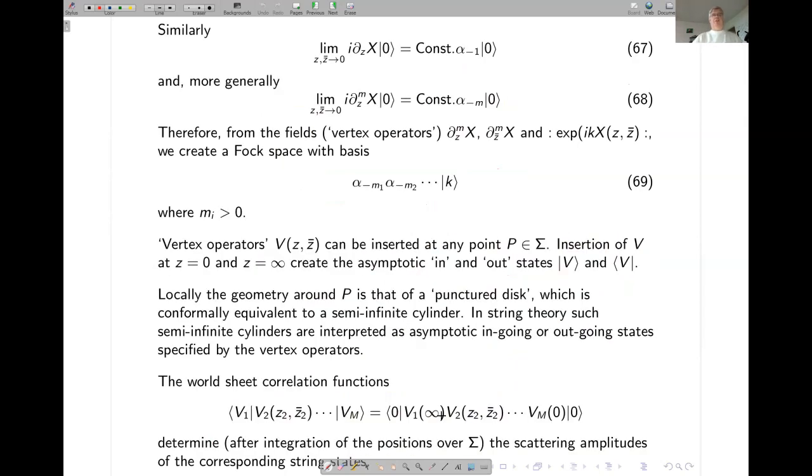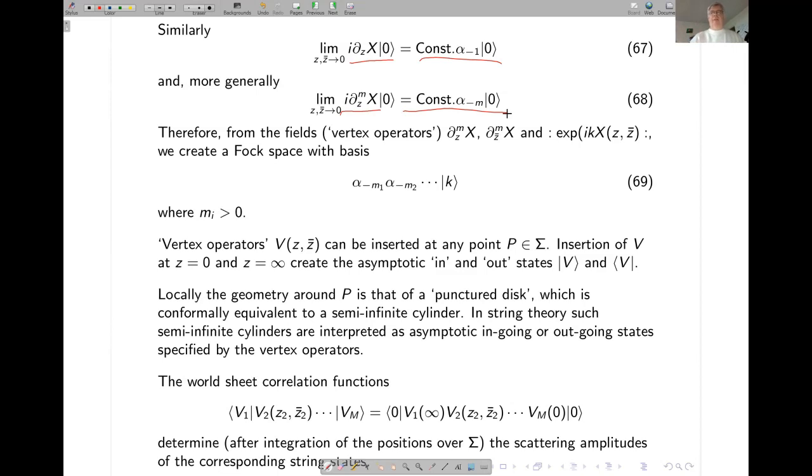Similarly, you can show that if I insert the derivative of x at the origin, this gives me something proportional to alpha minus 1 applied to the ground state, and higher derivatives give you all the alpha minus m's applied to the ground state.